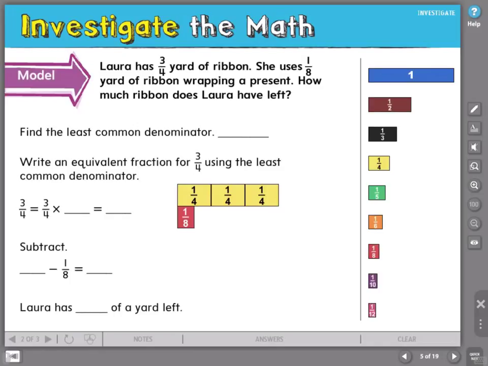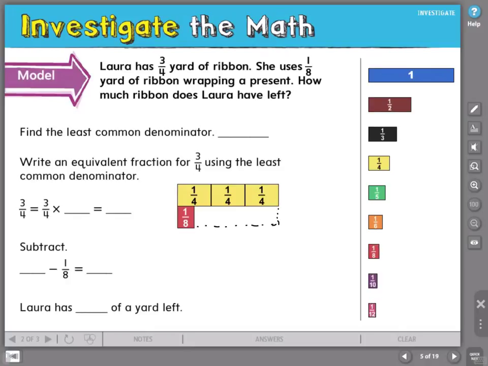Next, I've used 1 1/8 fraction strip to model the 1/8 that she has used to wrap her present. And I know that since I am subtracting, I need to find the difference. The difference will be found in the spot here.